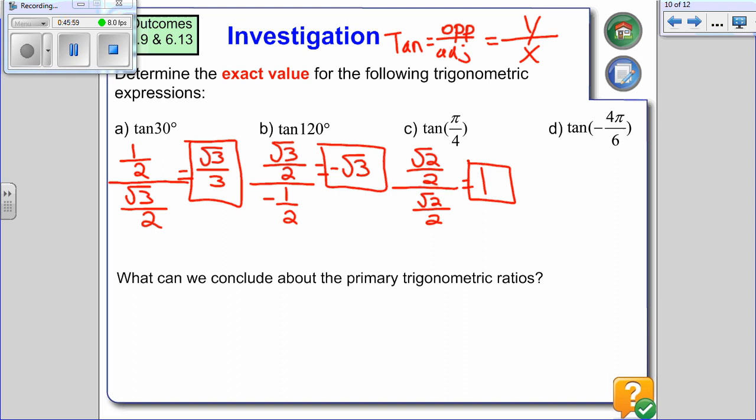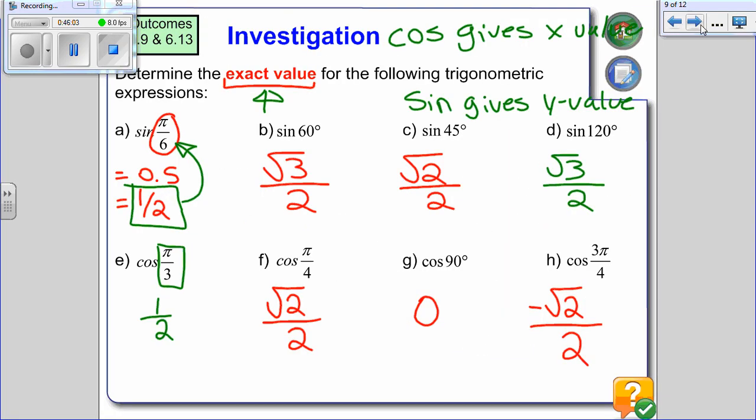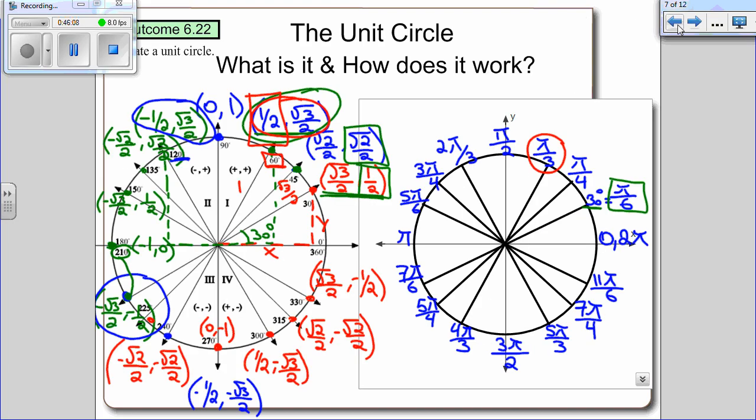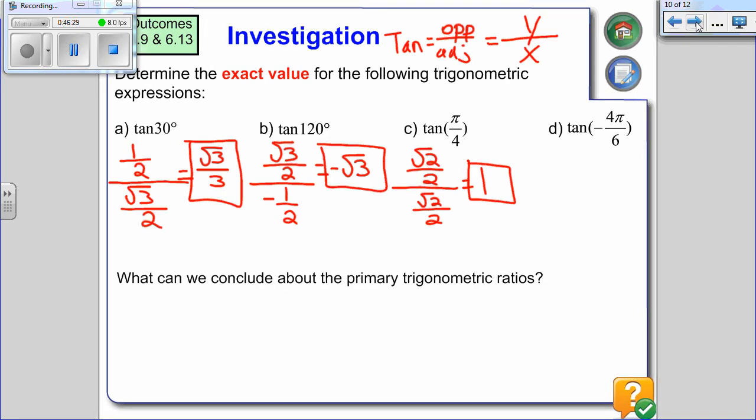Well, I know if I went forward 4 pi over 6, that would take me to, oh, that's a mean one. 4 pi over 6 simplifies. 4 divided by 6 is really 2 pi over 3. So if I look back at my unit circle, that's why you probably couldn't find a 4 pi over 6 if you were trying it on your own, because it simplifies to be 2 pi over 3.